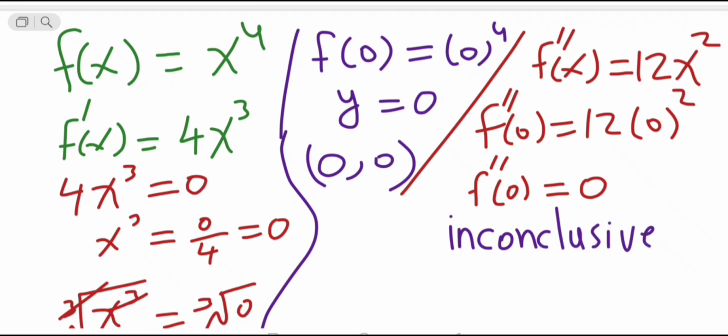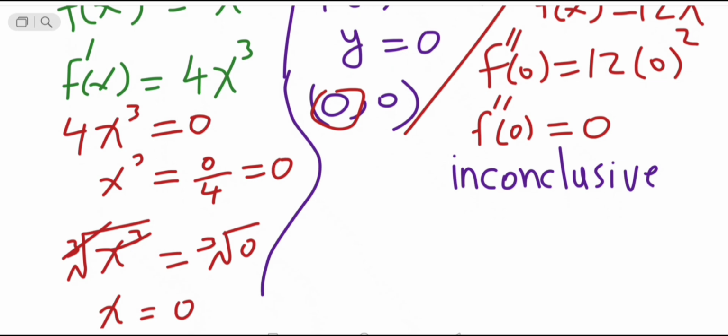It may be a point of inflection. When the second derivative equals 0, there is another test. We put some value before the x value and after the x value into the first derivative. If it changes from positive to negative or negative to positive, we can decide whether there is a maximum or minimum point. So I will test it now. I will put a value before 0, which is -1.